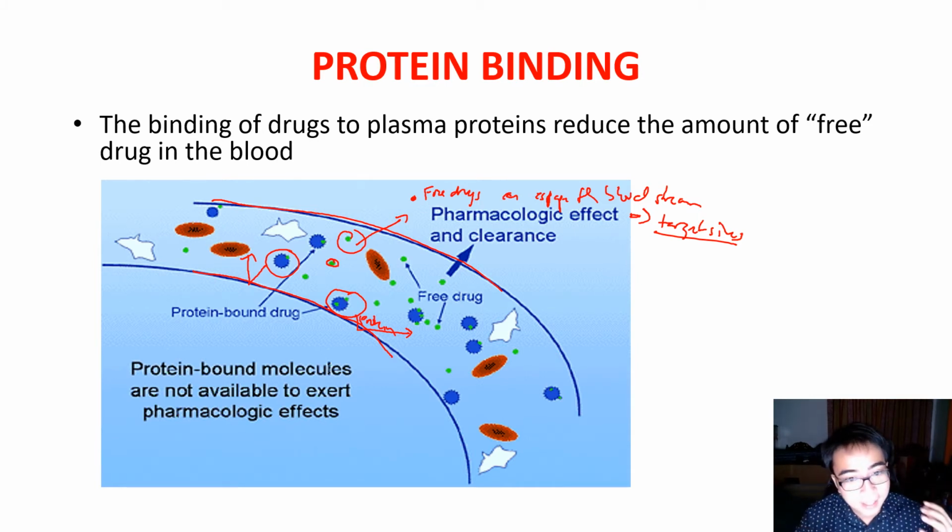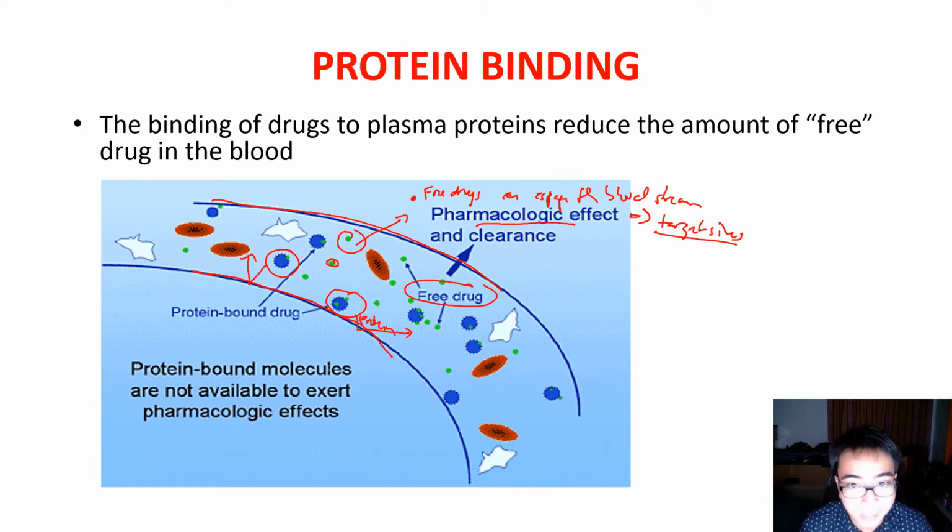Therefore, hindi ngayon makalabas ang drug, so it cannot go to its target site. So, what happens to the effects of the medication? Wala. They do not have pharmacologic effects because they cannot escape the bloodstream and go to their target sites, which is, of course, the receptors. That's the reason why, class, only free drugs are the only ones with pharmacologic effects.